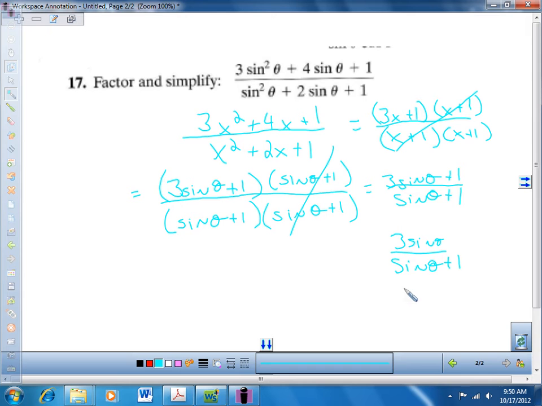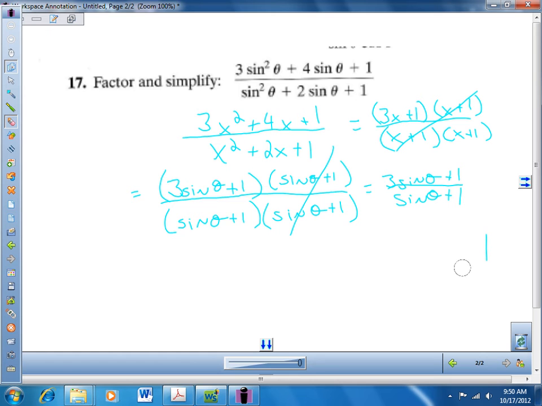No, the plus 1 is outside of the fraction. If it were outside the whole fraction, then you could. But that's not what that's saying, right? So you've got to be careful. That's as far as you can go with that.